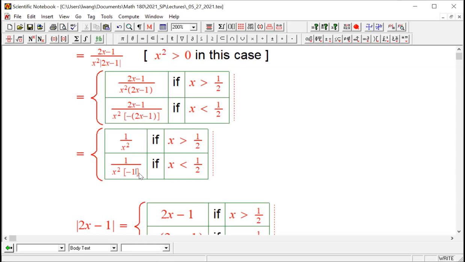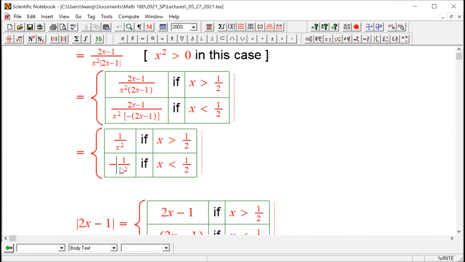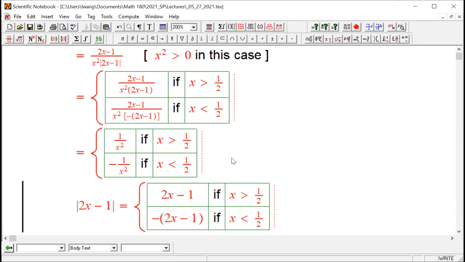Negative 1 times x squared is negative x squared. You guys see that? That's the final answer. Okay. Got it?